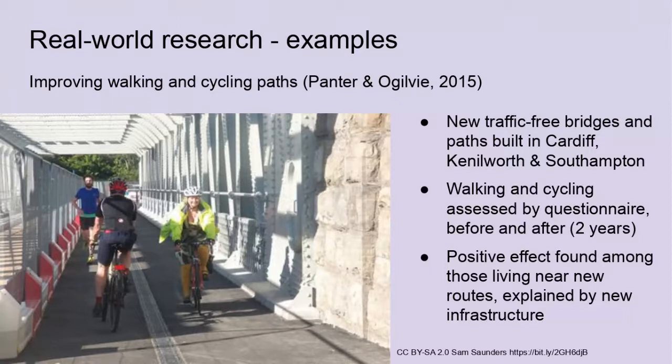And they found that those who lived near the routes actually walked and cycled more, and this was able to be explained by people's perceptions of how walkable and cyclable the environment was, and by their use of these routes. So that, I think, is quite an interesting example of how these things can play out, I suppose, in the real world, sort of over the longer term.